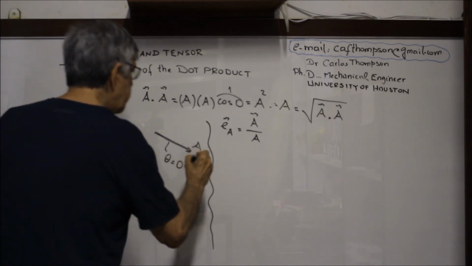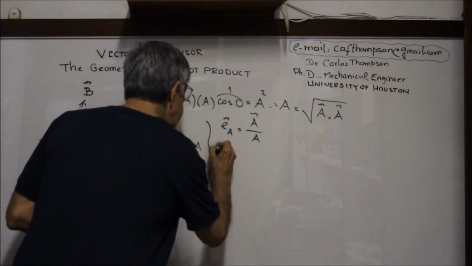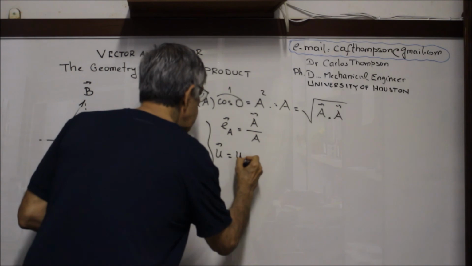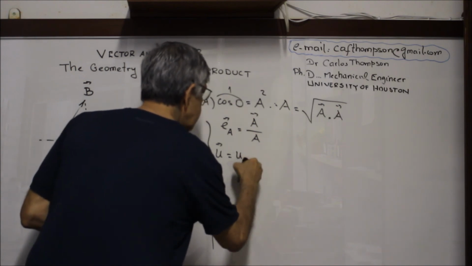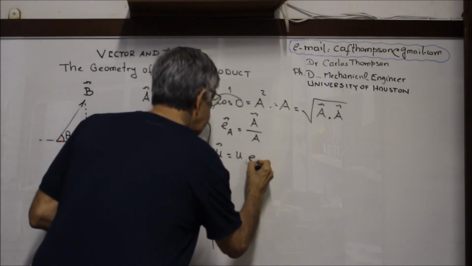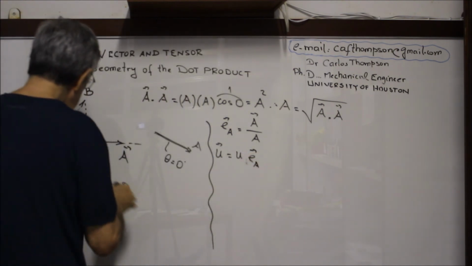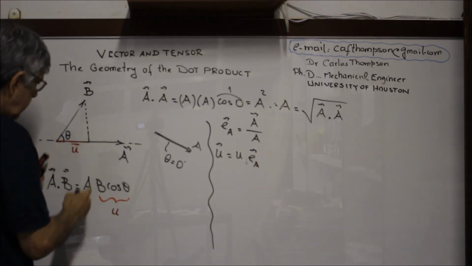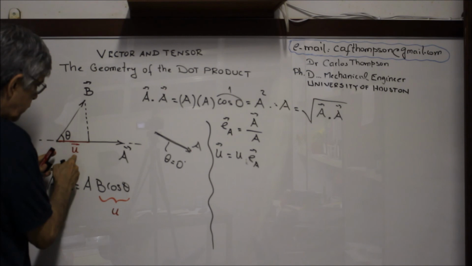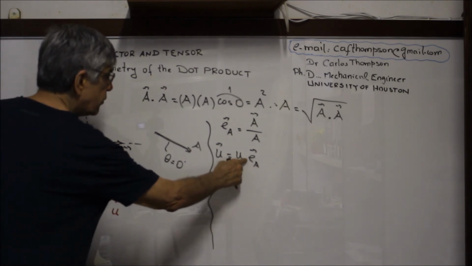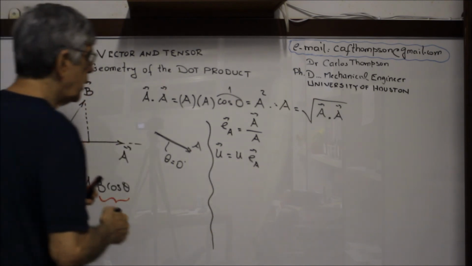Now, vector u is equal to u times EA. Vector u is the magnitude of u times the unit vector in this direction.